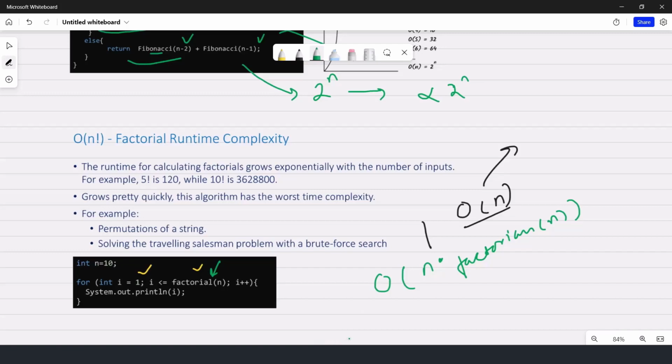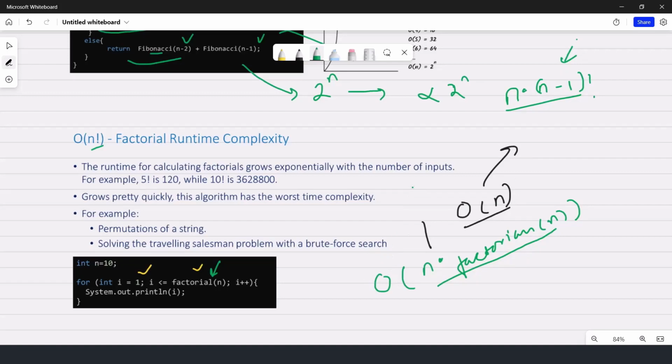So this is going to give n into n, that is going to be n factorial, right? Because we know how factorial is calculated, n into n minus 1 factorial, right? This is the formula of factorial. So this is going to be O of n factorial.